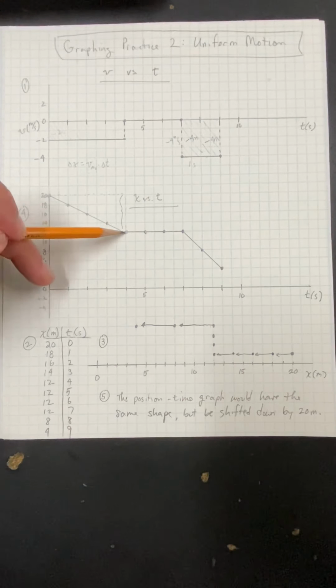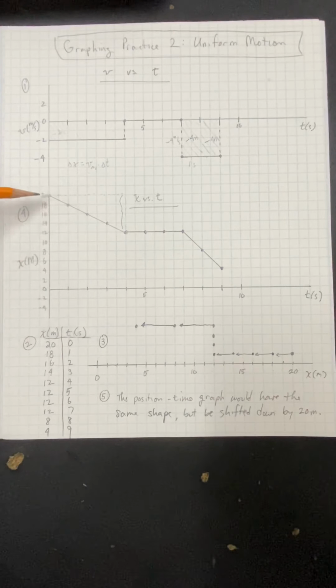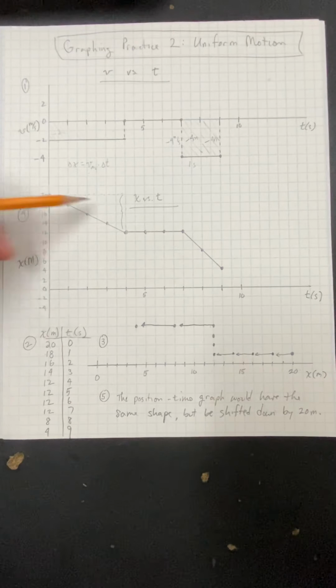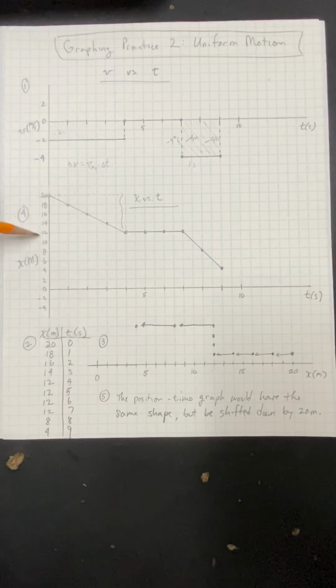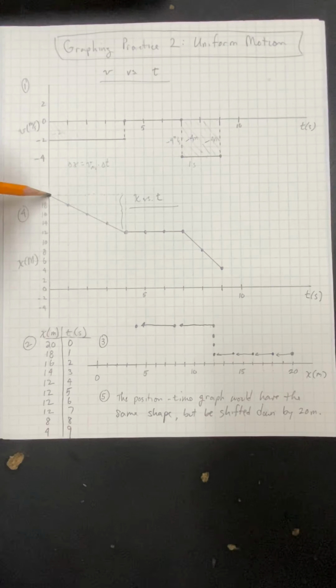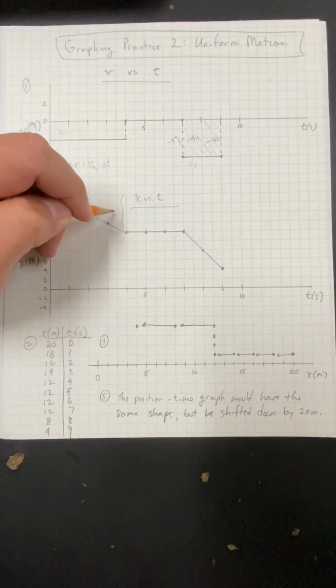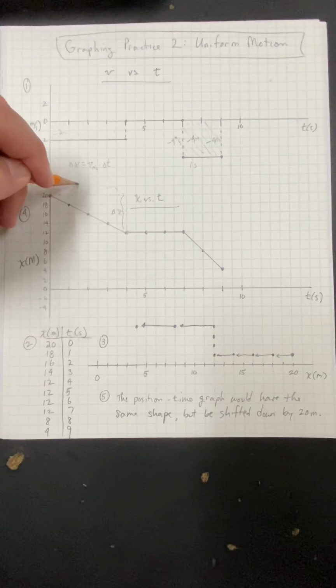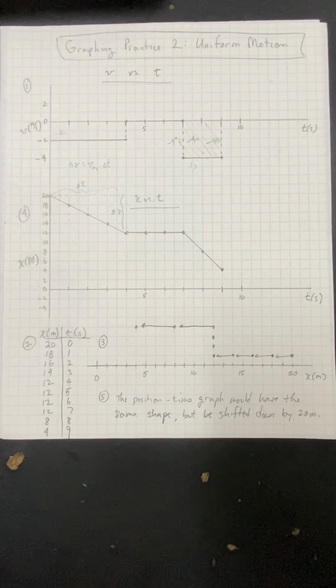So position of 12 minus a position of 20 would be my rise. 12 minus 20 is -8. My run is 1, 2, 3, 4 seconds. Here's my run. So this would be my change in position. This would be my change in time. Divide those and you would get the slope, which is -2 meters per second.